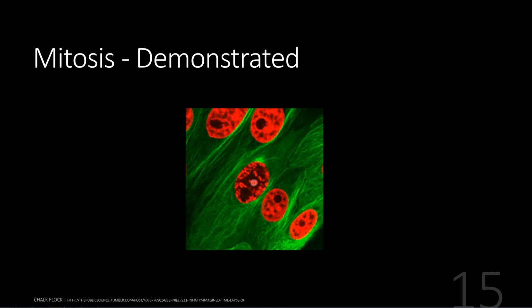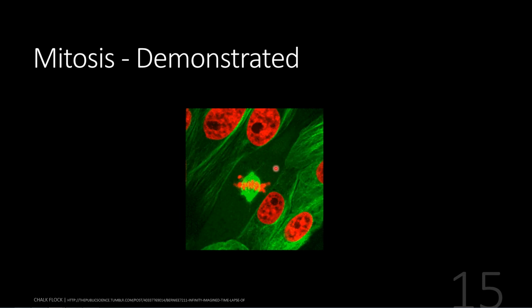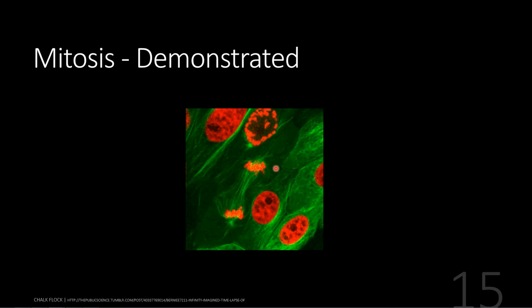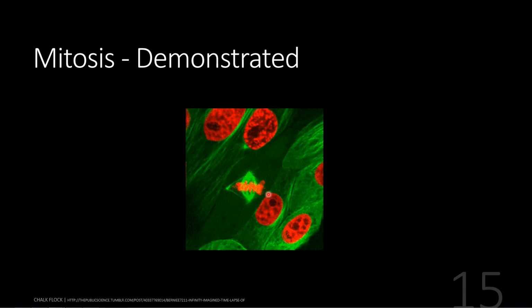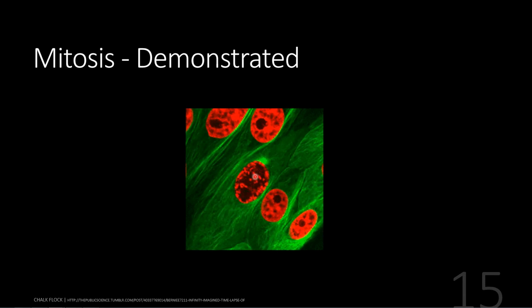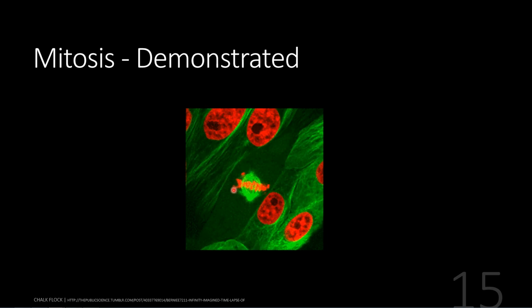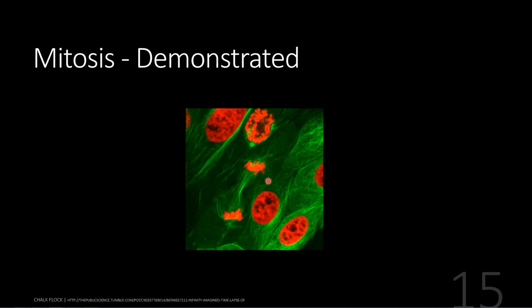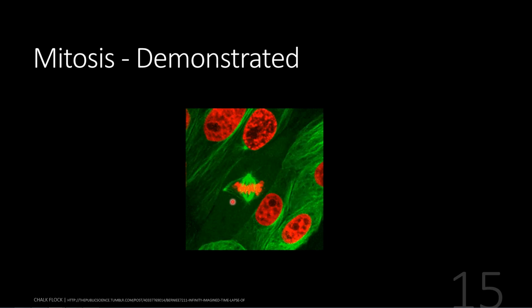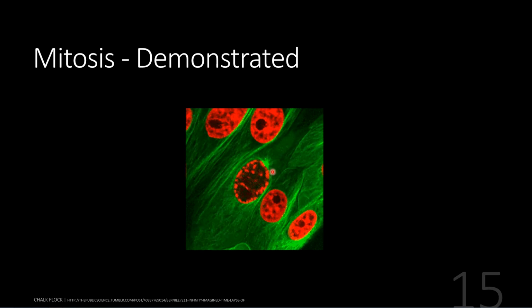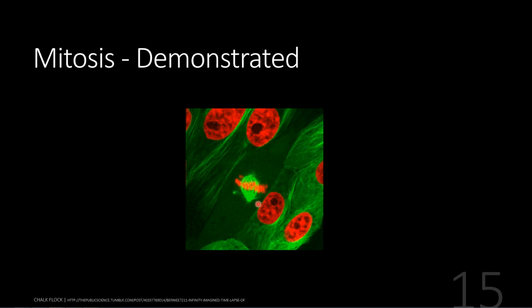Well, what do we call it when the microtubules pull away? We call that anaphase. When the chromosomes are being pulled away from one another, that's called anaphase. And they literally are. You can see that for every one of the chromosomes on the bottom side, one of those goes to the top.